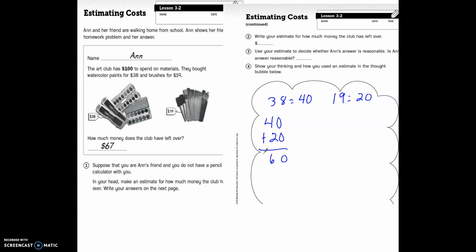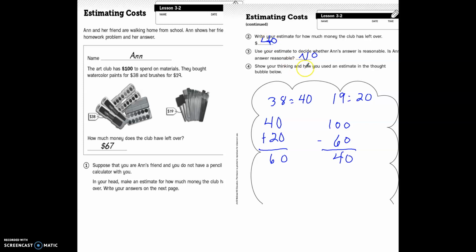Then we need to find out what was left over. So if we start with $100 and we spend about $60, then we were going to have about $40 left. So the answer is indeed 40. And Ann's answer is not reasonable.